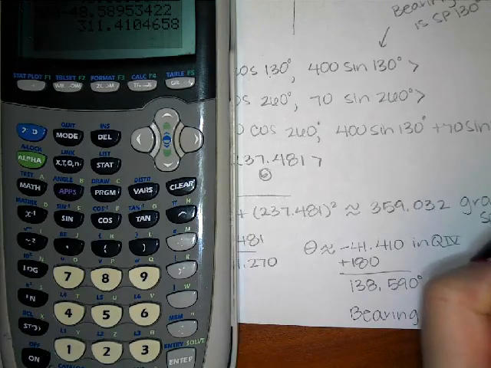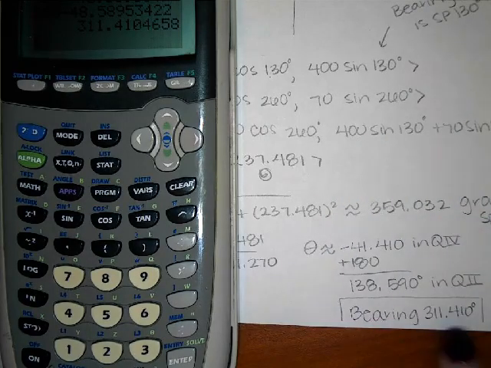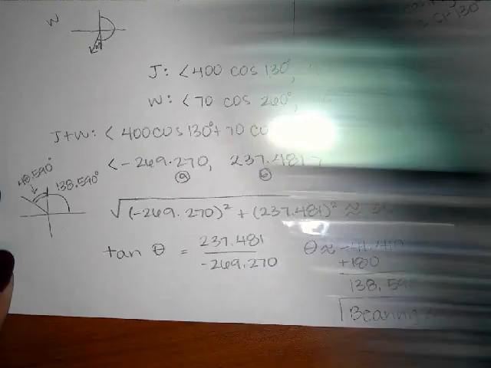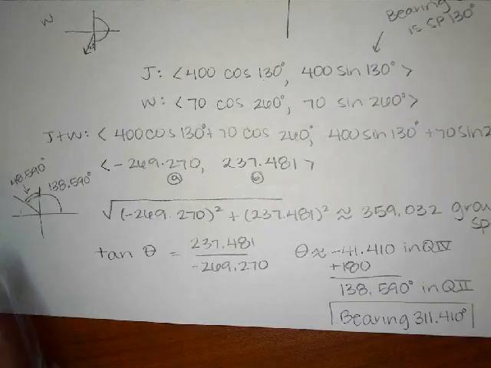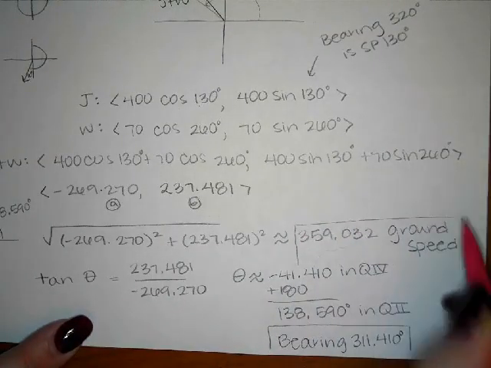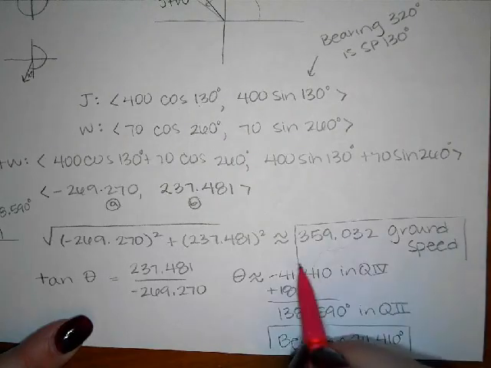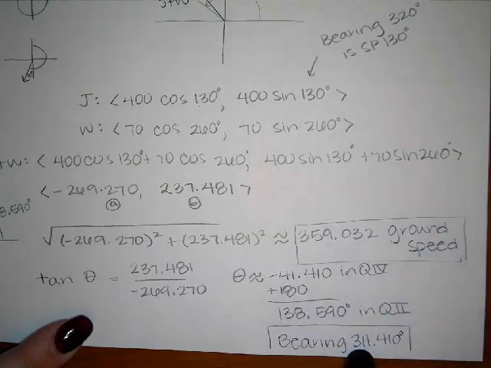So we've got the ground speed. We have the course of the airplane. The airplane is bearing 311.41 degrees. We want to find the drift angle. So the drift angle is just how far off course did that jet drift. So it's bearing 311.41. It was supposed to be going 320.